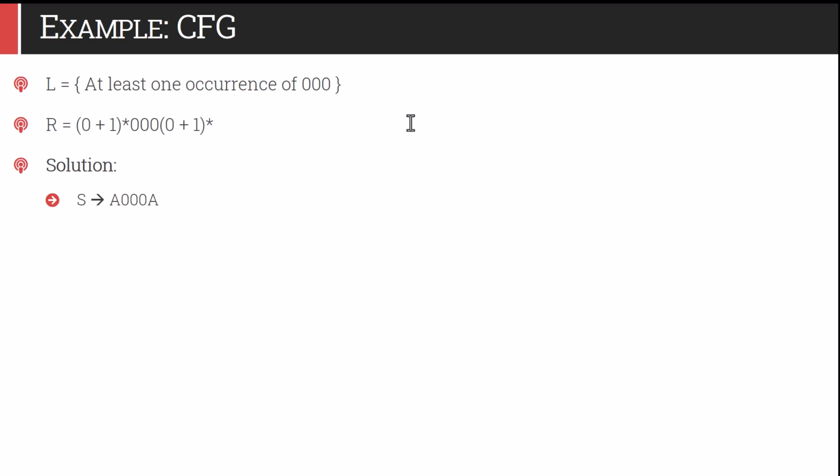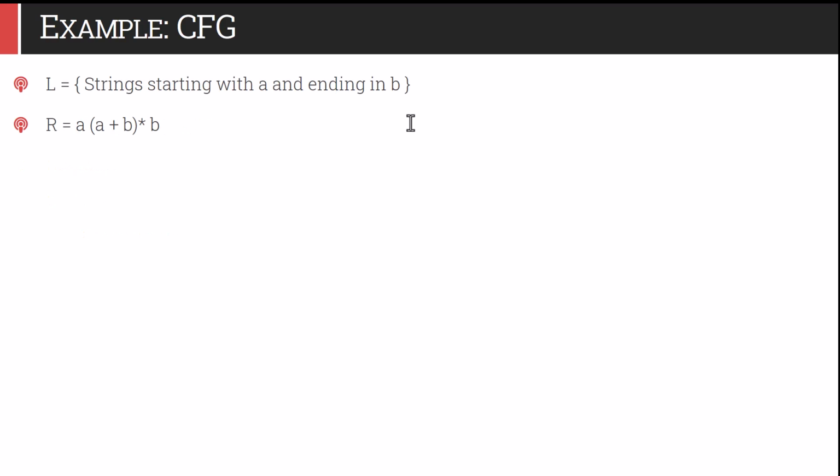It cannot produce anything, so we don't need to take any variable for that, or capital B for that. Fine, only (0+1)* is the generating part. So for that we need a recursive definition, so we are taking a variable for that. And you already know how to produce (0+1)*, right? Using A, so that will be 0A or 1A or epsilon.